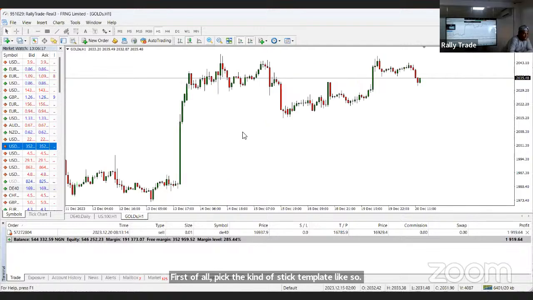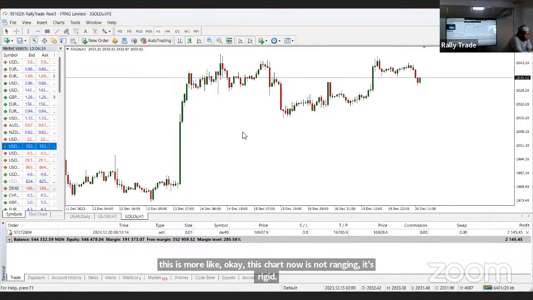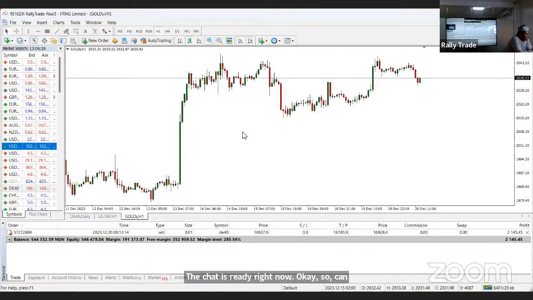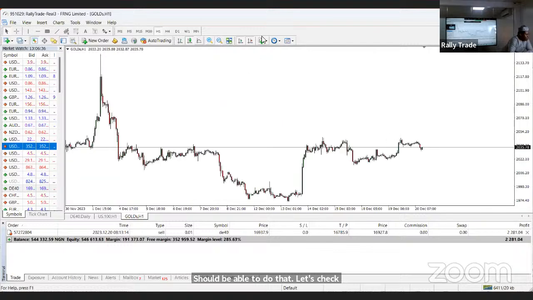Now, this chart is ranging, is that not? The chart is ranging right now. So can we identify a bearish leg? We should be able to do that. Let's check. That is long. Gold is not buying.